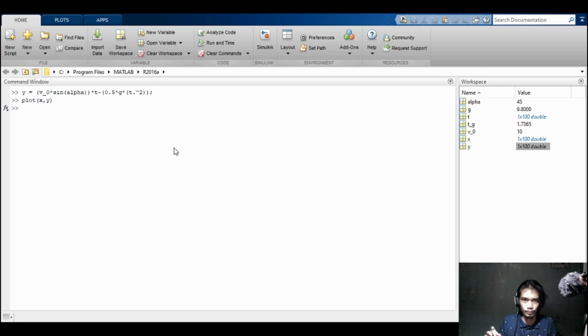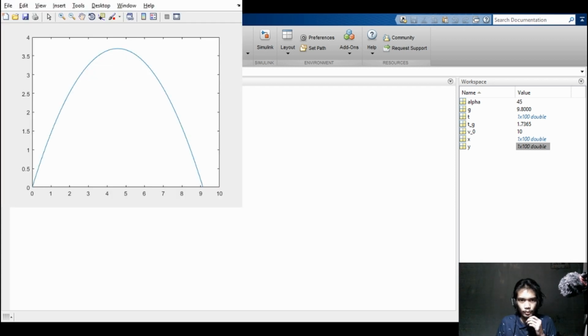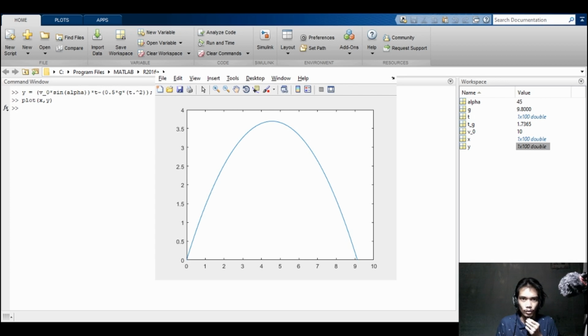Okay, enter, and as you can see, this is the trajectory of the object. Okay, so as you can see, ito yung lumabas. Alright, that is the trajectory of the object now.